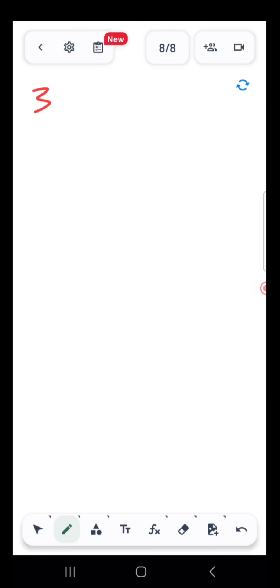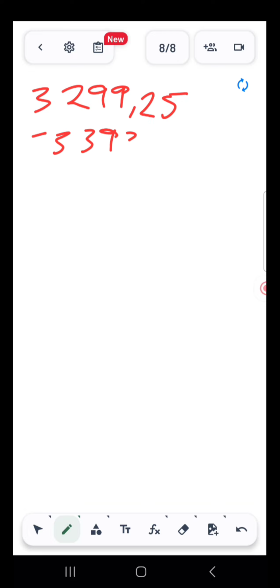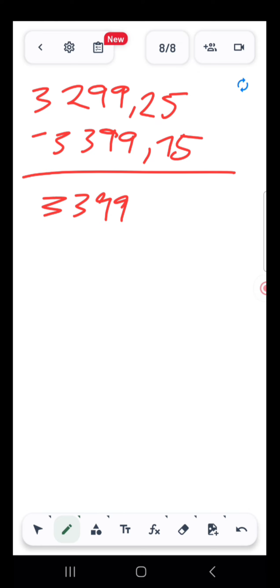So new price is 3,299.25 minus old price, there in 2020, which is 3,399.75, all divided by, we are using this formula, right? Old price, which is still 3,399.75, times 100.